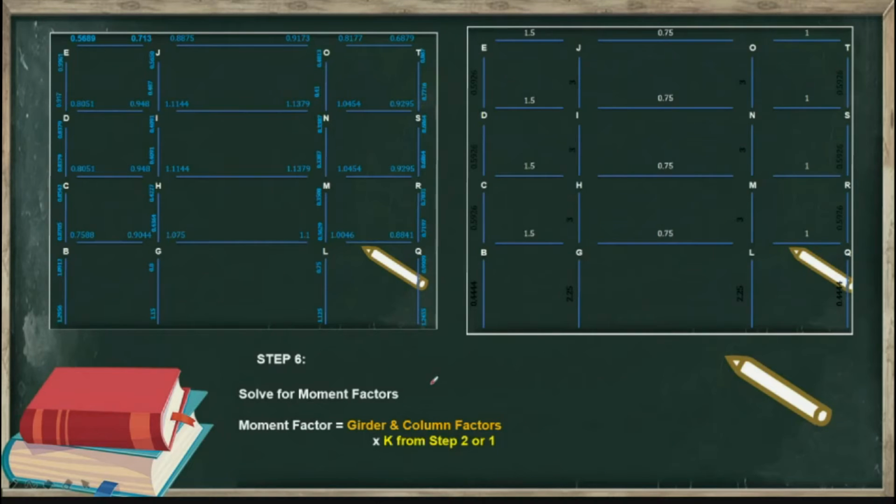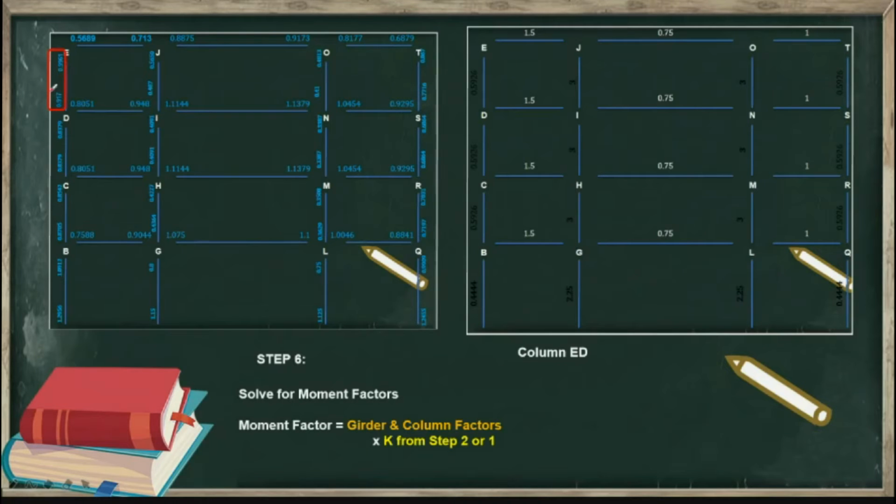So dito, ang gagamitin natin is yung sa step 2 dahil dinivide natin siya sa highest value ng K na nakuha natin. So, let's take an example, column ED. So, ito si column ED natin. Yung mga factors natin, ang finalized na girder and column factors natin.